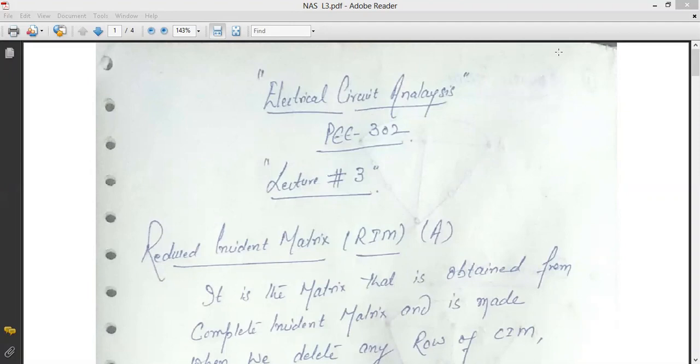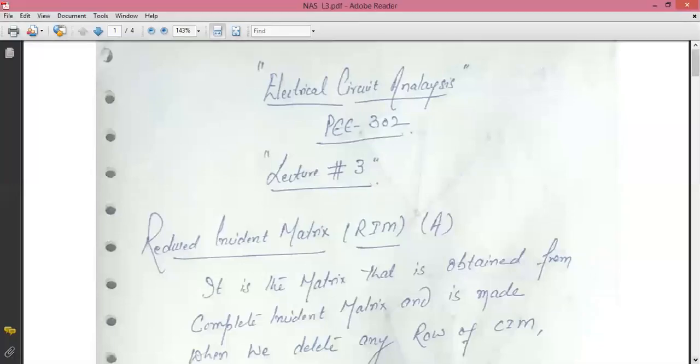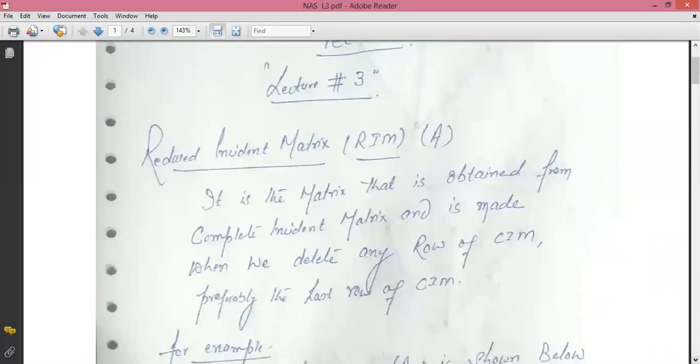Now today I am dealing with the reduced incident matrix. As you see on your screen, what do we mean by the reduced incident matrix? It is a matrix obtained from the complete incident matrix, and it is made when we delete any row, preferably the last row, of the CIM.